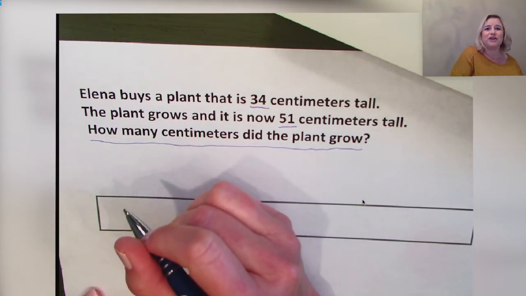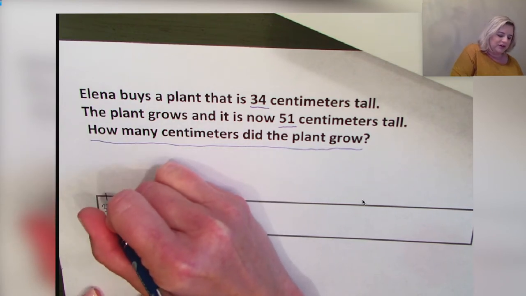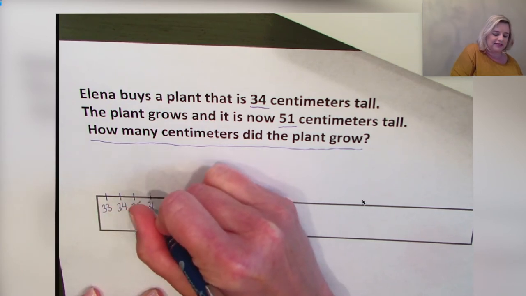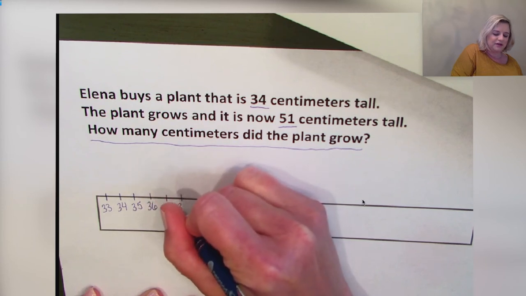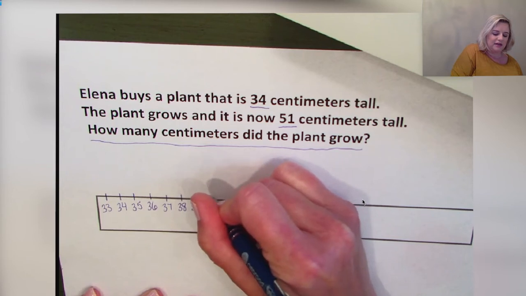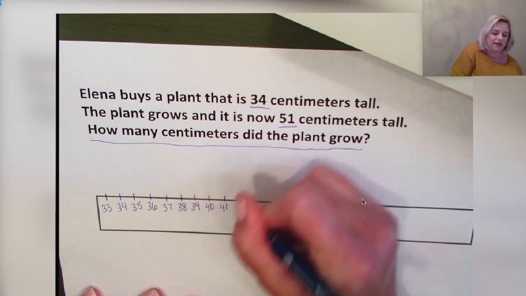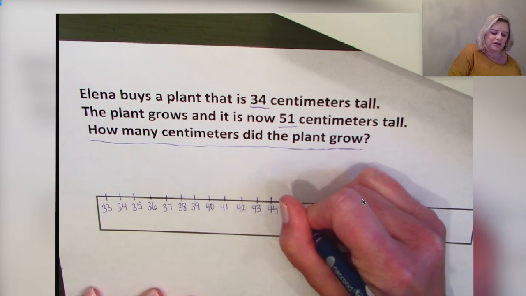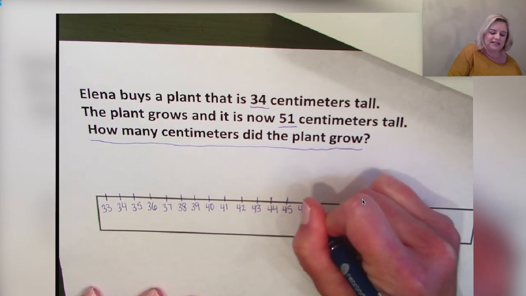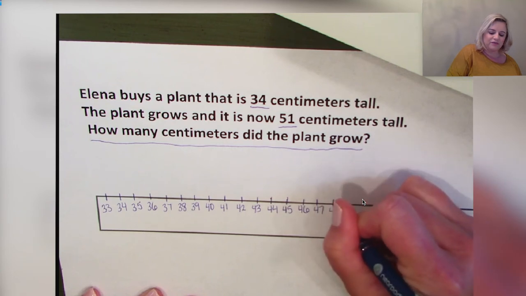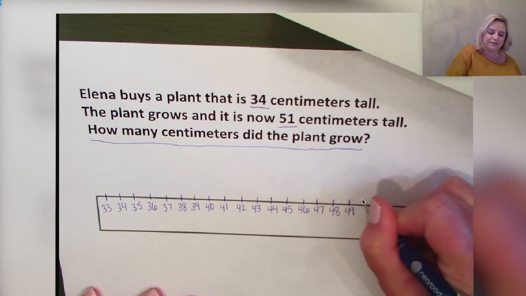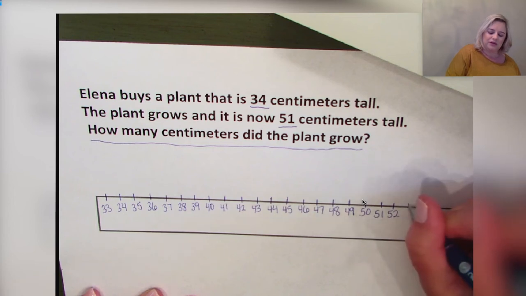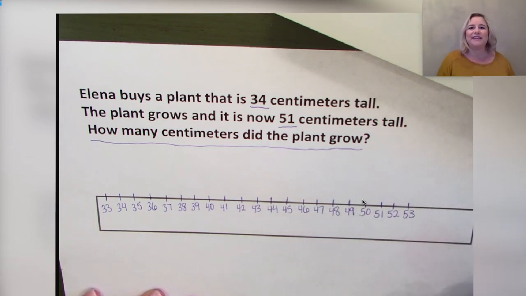I'm going to start with 33, 34, 35, 36, 37, 38, 39, 40, 41, 42, 43, 44, 45, 46, 47, 48, 49, 50, 51, 52, 53. I'm going to go ahead and start there.